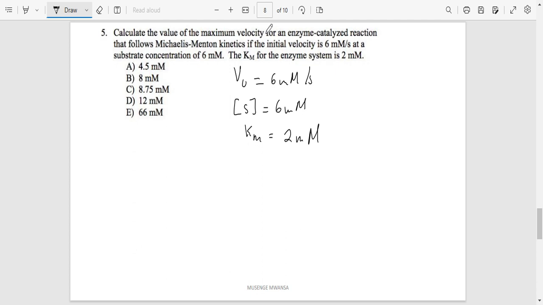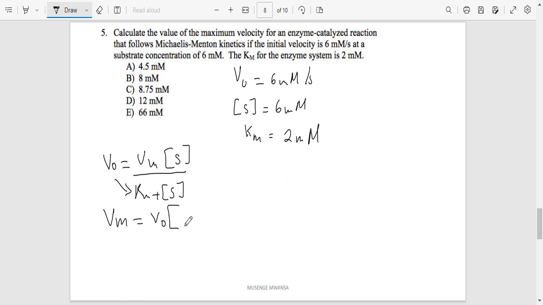So to be able to find the maximum velocity, we know from our equation that initial velocity is equal to maximum velocity multiplied by the concentration of the substrate divided by Km plus the concentration of the substrate. So I'm going to multiply these two. So I'm going to have Vm being equal to V0 multiplied by Km plus the concentration of S, and then I'm going to divide by the concentration of S. I've made Vm the subject of the formula.